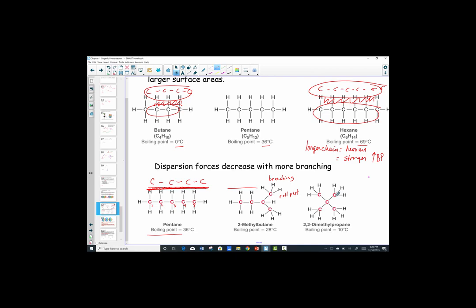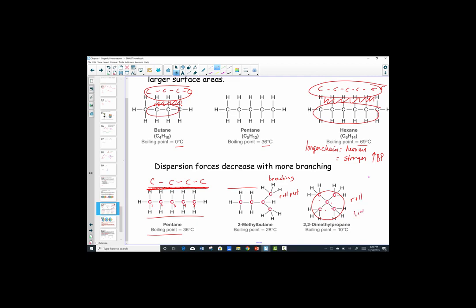And again, here's the same number of carbons, but this is now one big giant ball of a molecule, right? It looks like a ball instead of a straight chain. These molecules are certainly going to roll past each other, having little opportunity to interact and set up dispersion forces.